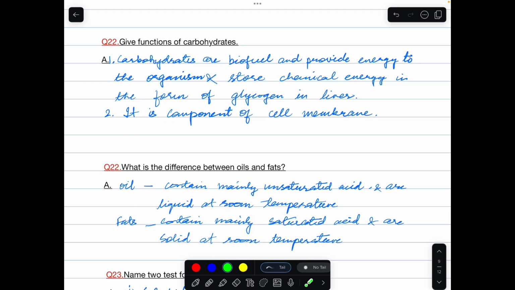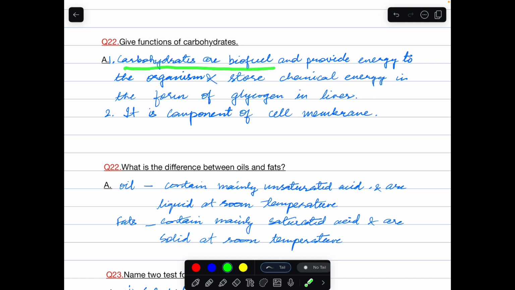Give functions of carbohydrate. Carbohydrates have a variety of functions. They play an important role in the body of plants as well as animals or human beings. Carbohydrates are the biofuels.